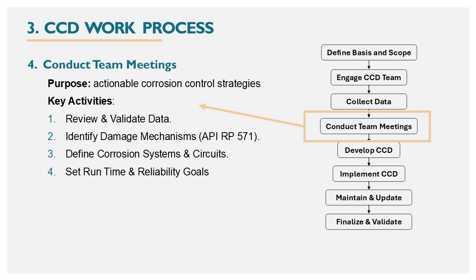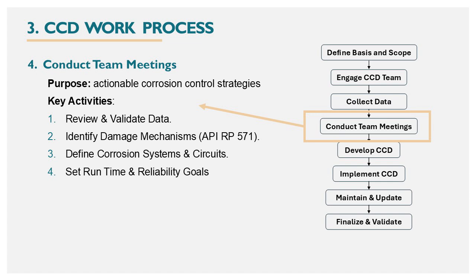In terms of cracking, such as chloride stress corrosion cracking or SCC, polythionic acid stress corrosion cracking or PTA-SCC. And including external corrosion, such as corrosion under insulation or CUI. The output of this damage mechanism identification is a list of active and potential mechanisms per system and/or circuit.